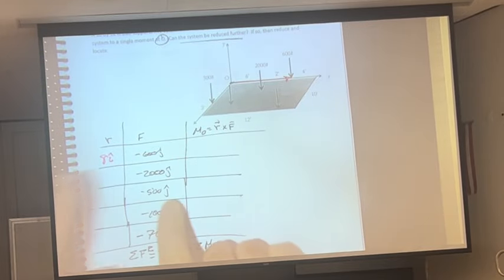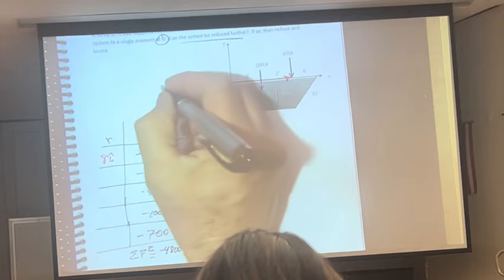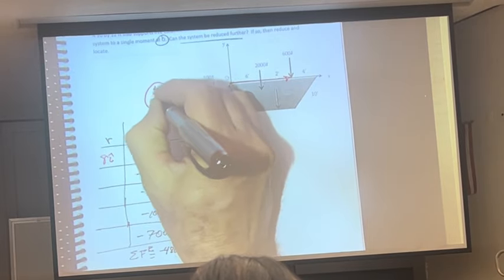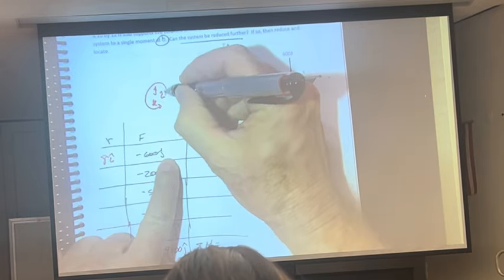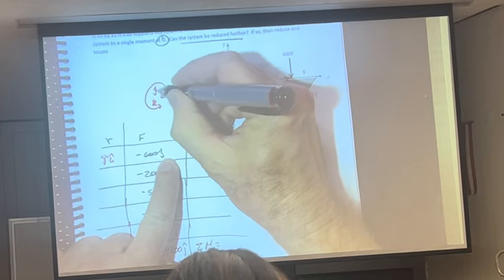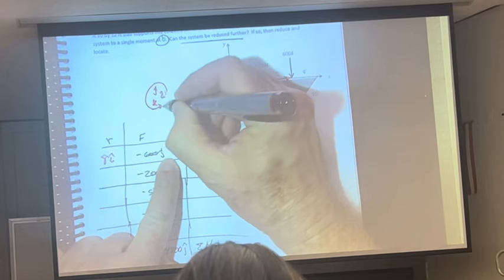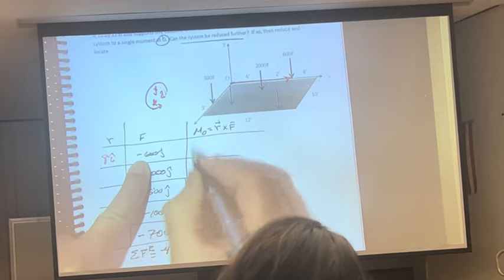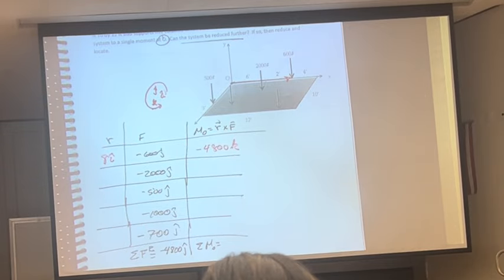Now I have to do 8I crossed with minus 600J. Let me remind you of my little gizmo, IJK. So I'm going to take I crossed with J, so I'm going this way. IJ, the next letter over is K, and since I'm going this way, it's a positive, but there's a negative, so I'm going to say this is minus 4800K. Any problems?